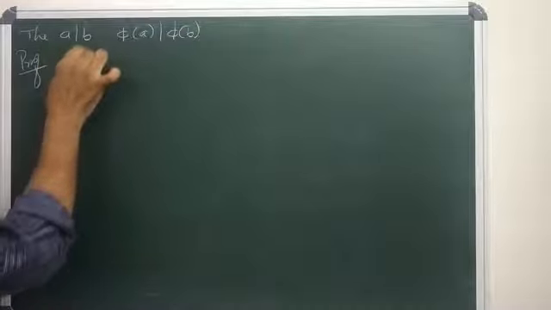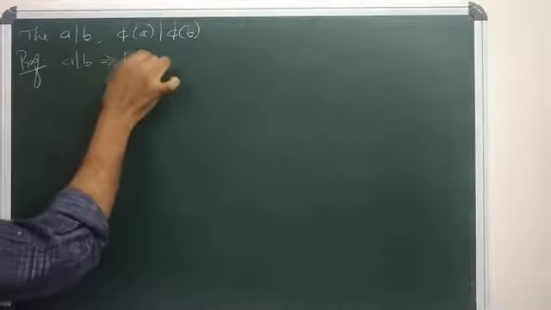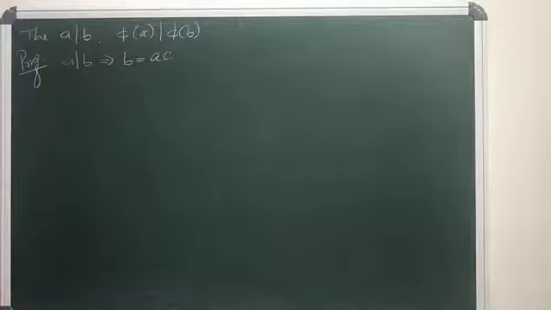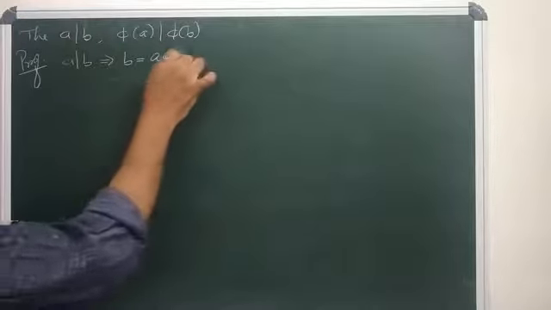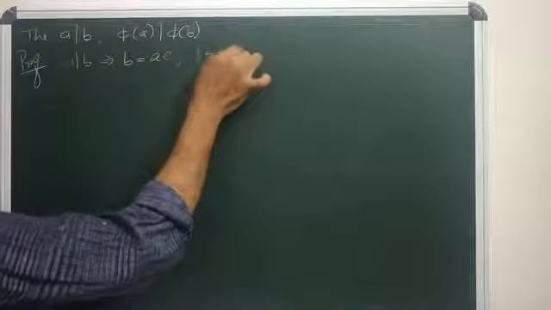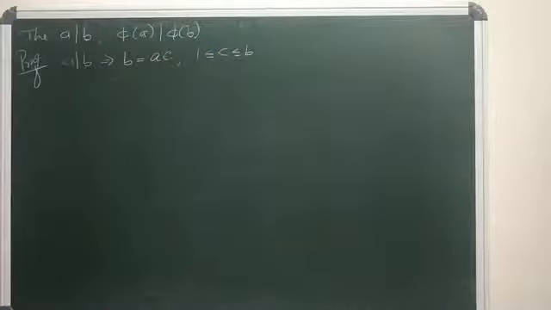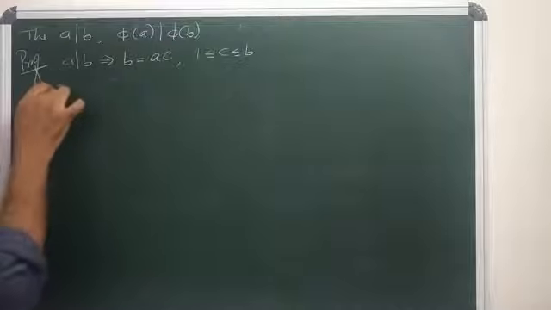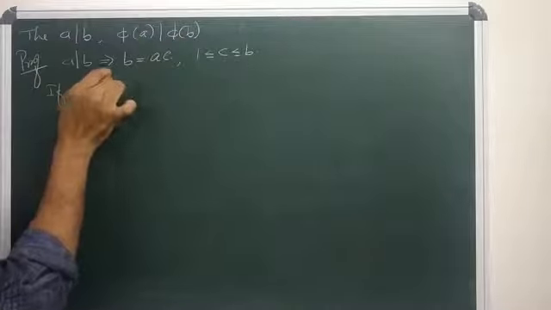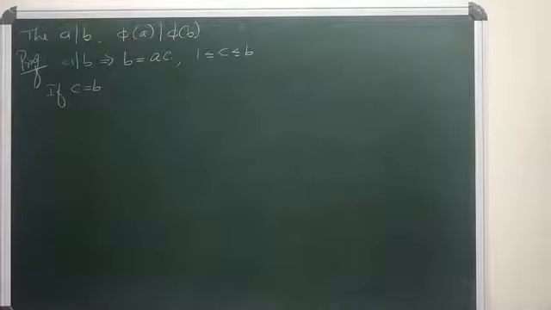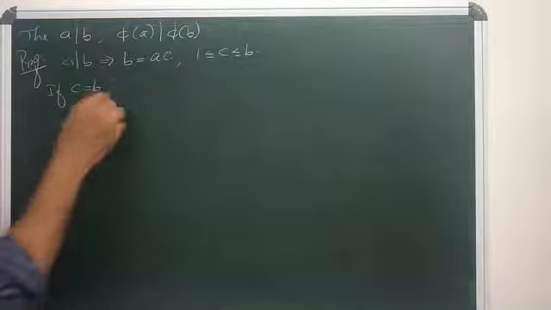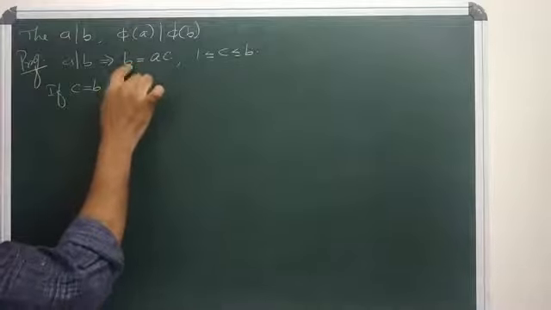A divides B. A divides B means B is a multiple of A, that is B equals AC. Okay. So by the division algorithm, C ranges from 1 to B. Now, first case, consider C equals B. When C equals B, what is A?